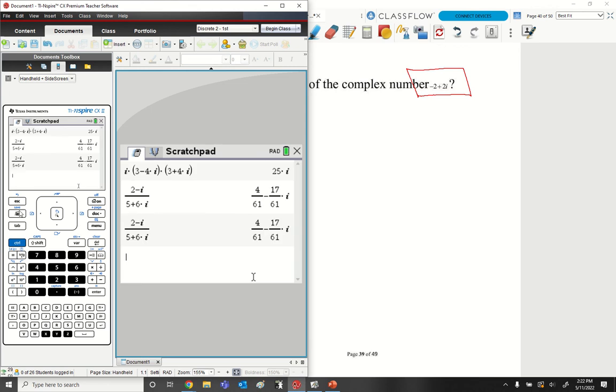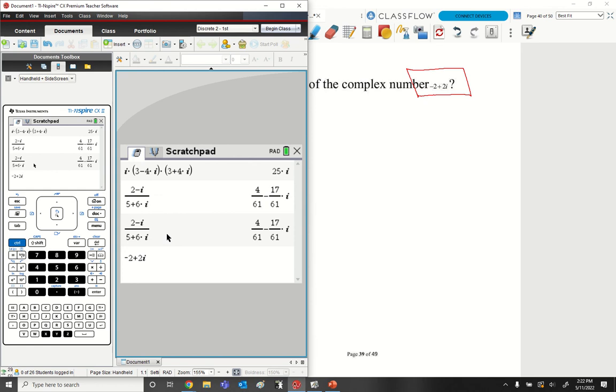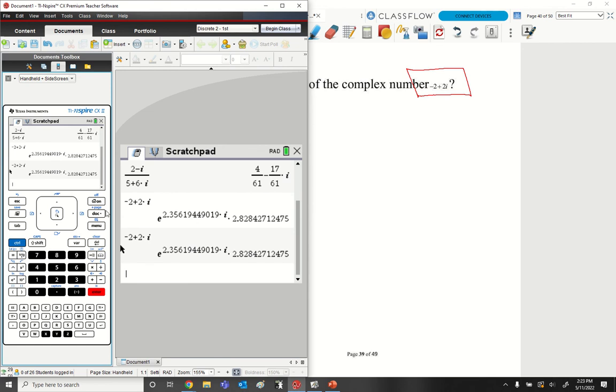Now, back to the scratch pad, and it just says -2 plus 2i. So, -2 plus 2i. Hit enter. And then it's D. Settings to real or complex polar.